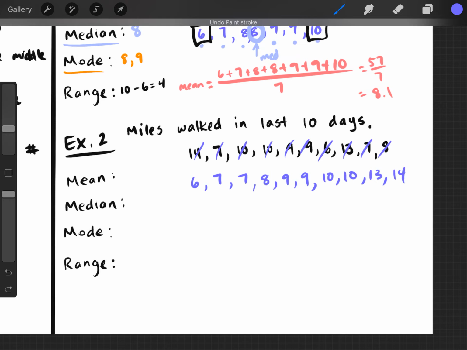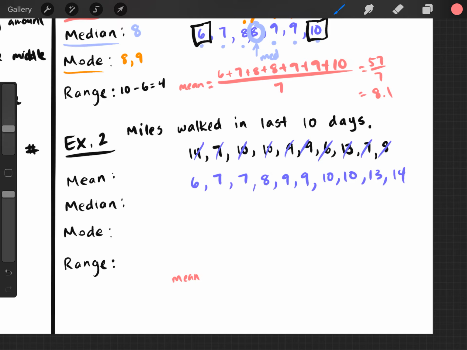Again, you can do any of these in whichever order you want. I'm going to start with the mean like we did last time. So again, the mean, add up all of those numbers, divide it by 10. So we're going 6 plus 7 plus 7. So you can see how this could get kind of redundant.